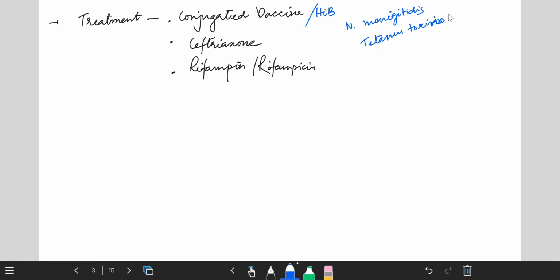Okay, so the antigen obtained from N. meningitidis or tetanus toxoid will bind with the PRP ingredient present in the capsule, and that kind of vaccine is formed. That is called a conjugated vaccine.